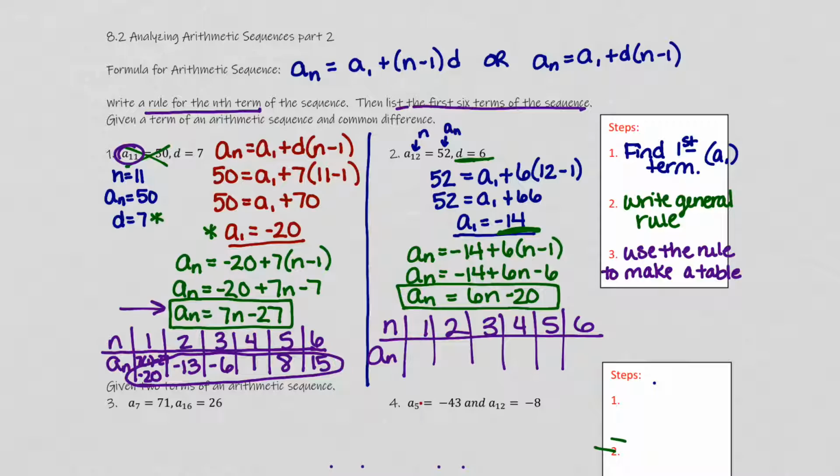And if I plug in 1 for n, I get 6 times 1 minus 20, which is negative 14, which we said right here should have been our first term, so that should be correct. 6 times 2 minus 20, 6 times 3 minus 20, 6 times 4 minus 20, 6 times 5 minus 20, and 6 times 6 minus 20. So this is my sequence of the first 6 terms. When you type them out or write them out, you would separate them by a comma and just list the numbers.